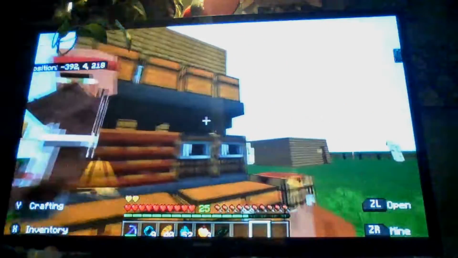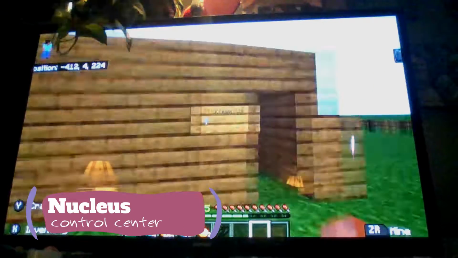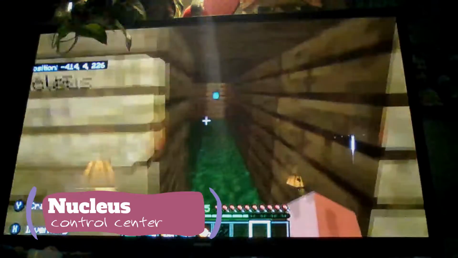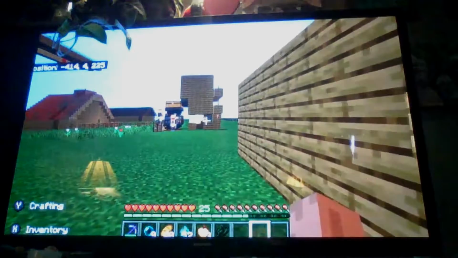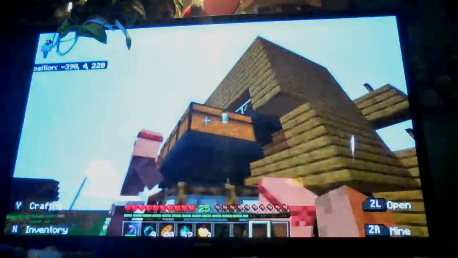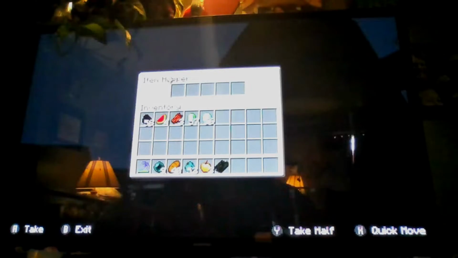Oh, that's right. To turn it on, currently, the nucleus has the master switch on for this. So the nucleus is our control room. We can control two separate functions. Let's turn on our mitochondria. As you can see, it's busy making kelp. It produces the kelp. These hoppers take the kelp.